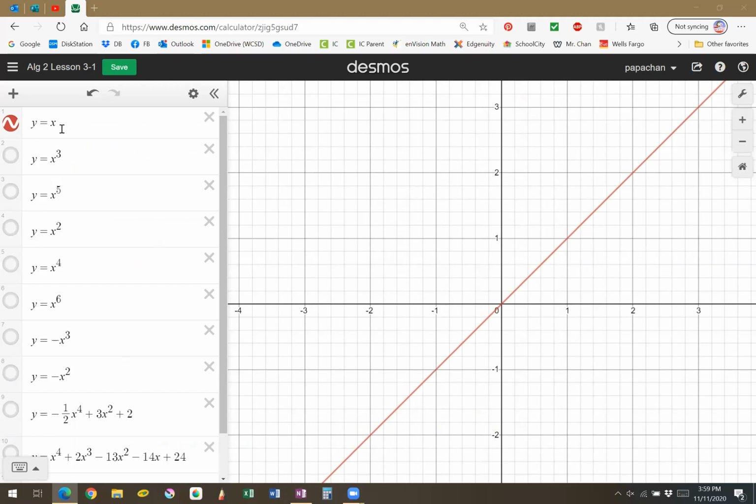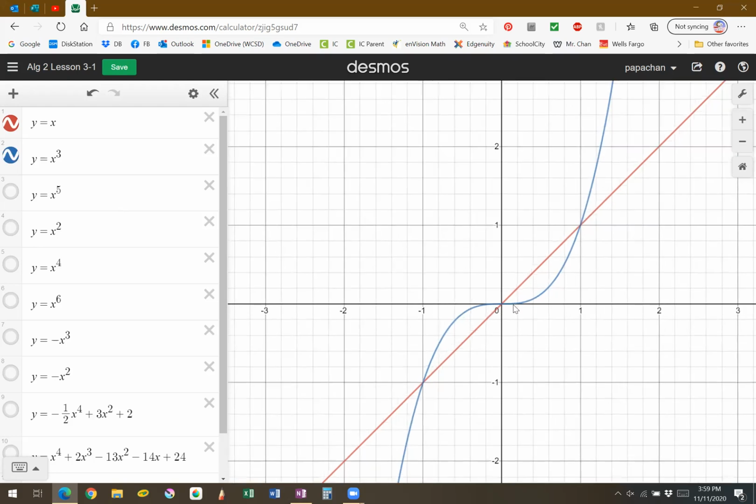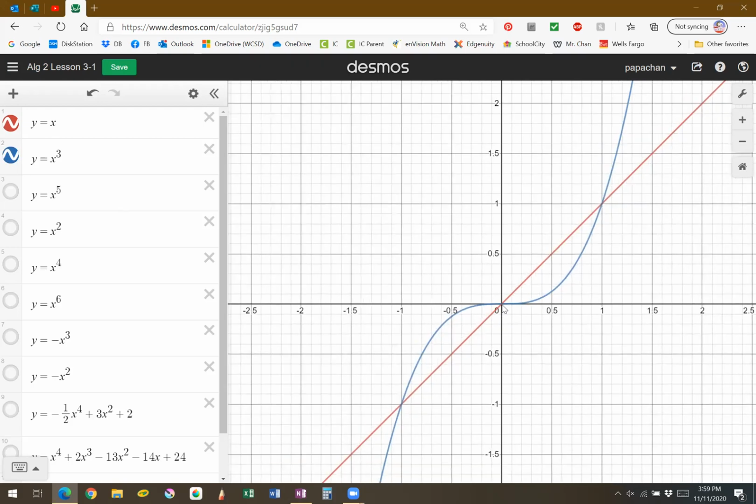I have x to the first graph. It's just a line, right? That's red right there. What if I change it to x to the third? Oh, look at that. That's actually called a cubic function, power of 3, the blue one. Zoom in a little bit so you can kind of see that. And let's add in one more odd power here, x to the 5th.